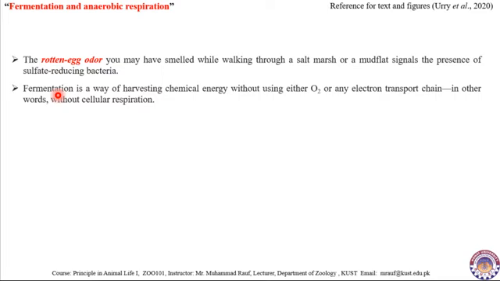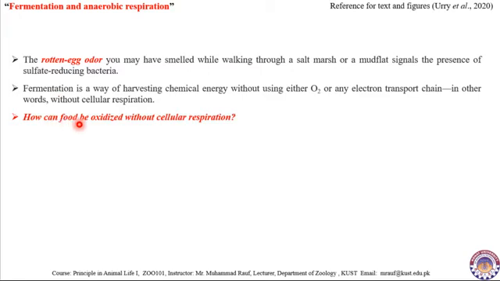So one thing is clear: in the organisms which respire in this way, the electron transport chain does not take place because there is no acceptor of electrons.